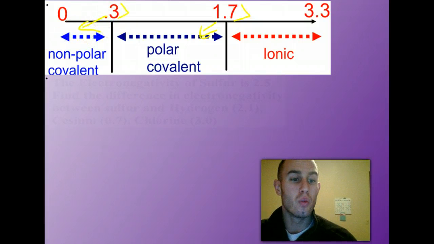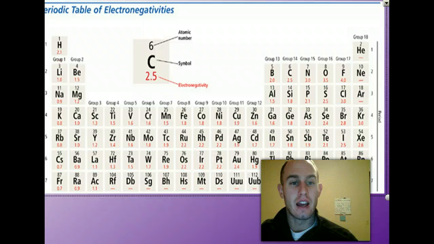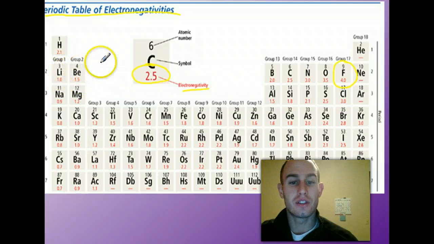Where these numbers come from is your periodic table. You actually have a periodic table of electronegativities, and on the bottom of each element you have the electronegativity value, which is how bad it wants the electron. Fluorine here is the highest. It is 4. It is configuration 2s2 2p5.